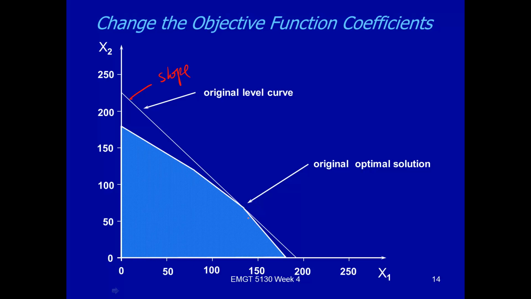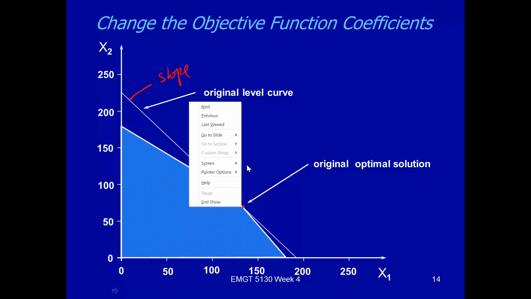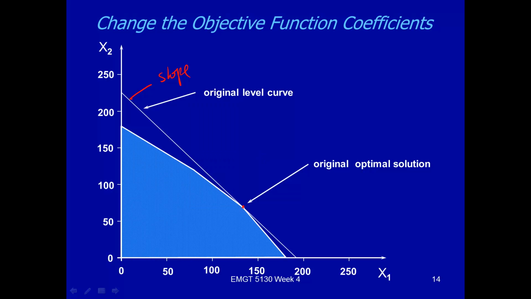Currently this is the current optimal solution, and that's because of this slope. If the slope changes to something like this, then the optimal solution is going to be this bottom point.